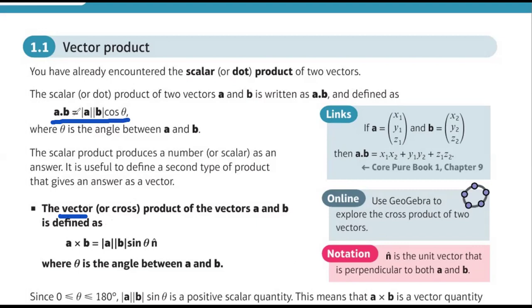Scalar product A dot B, vector product A cross B, like this.